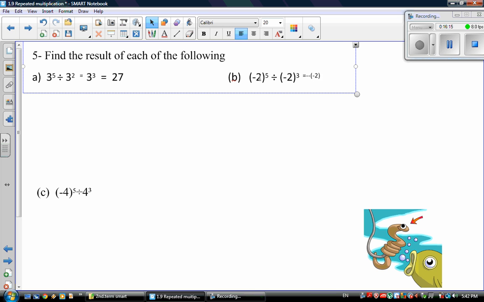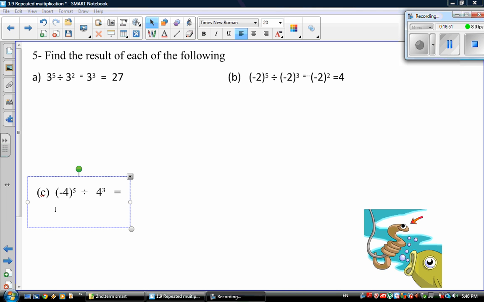And then we can subtract the powers in case of dividing equal bases. Remember, we can subtract the powers. So 5 minus 3 will be 2. So the answer will be negative 2 to the power 2, which is equal to negative 2 times negative 2 equals 4.